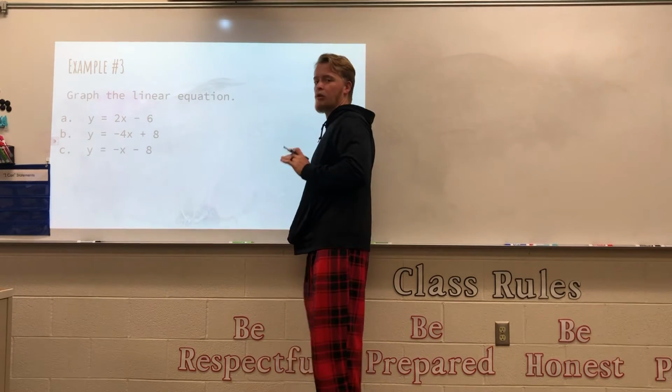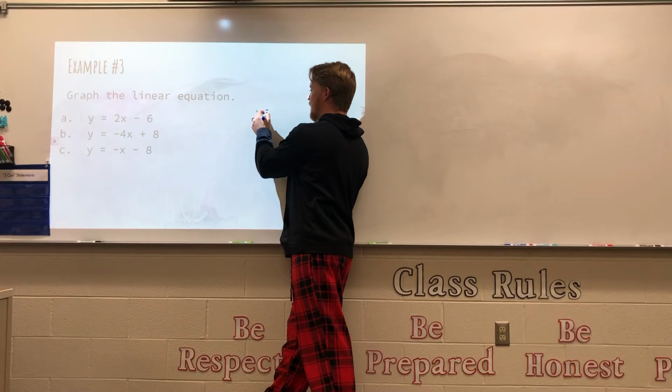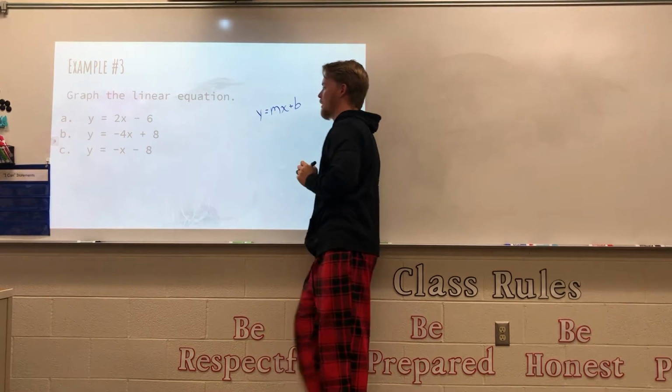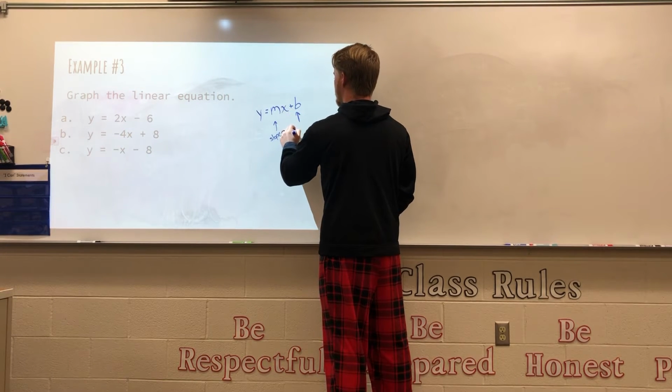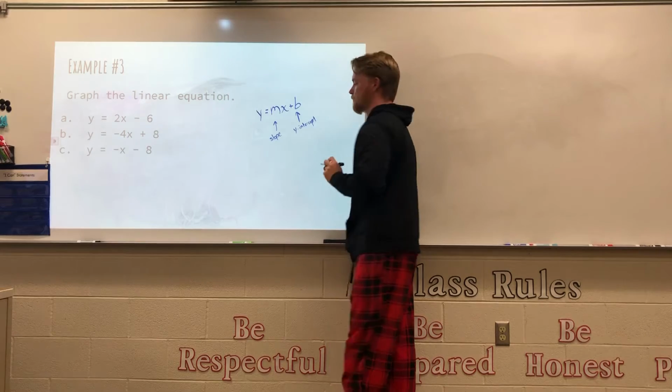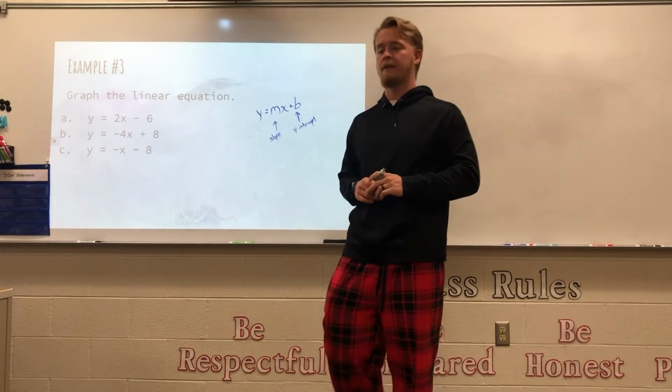These are going to be in slope-intercept form to graph. Remember, slope-intercept form is y equals mx plus b, with m being your slope and b being your y-intercept. So remember the steps we use to graph in slope-intercept form.